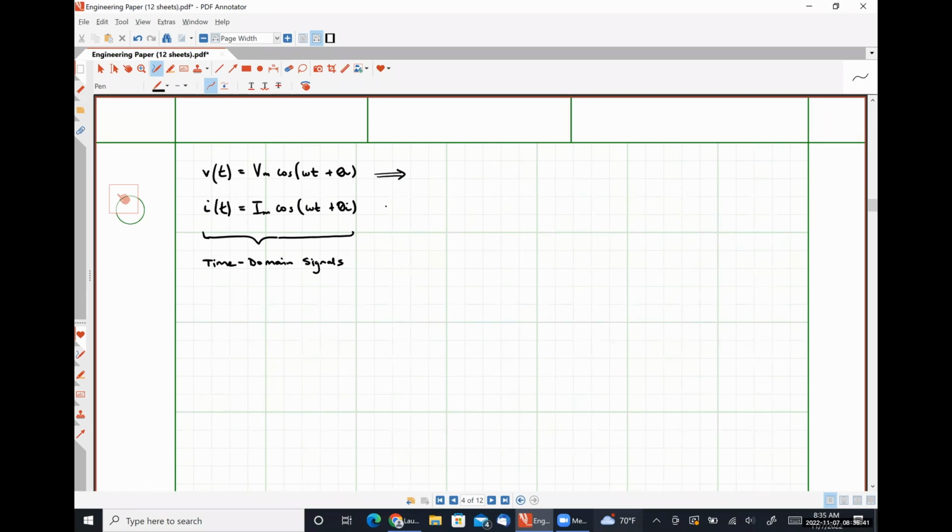We can convert into the frequency domain by replacing these time domain signals with phasors, where V, our voltage phasor, is just Vm angle theta V, and our phasor current is I equal Im angle theta I.